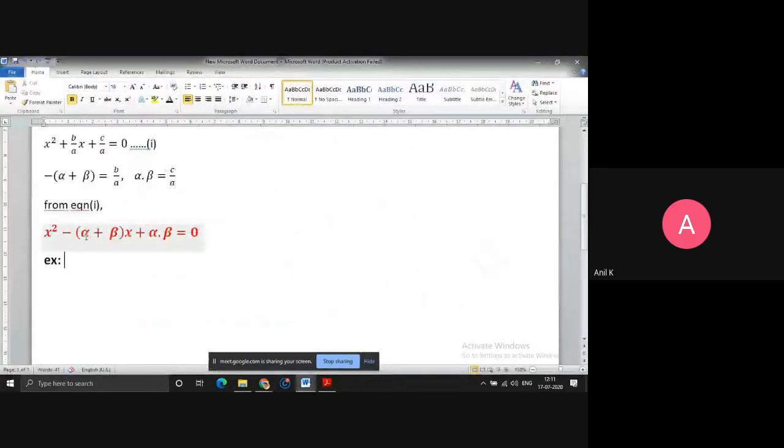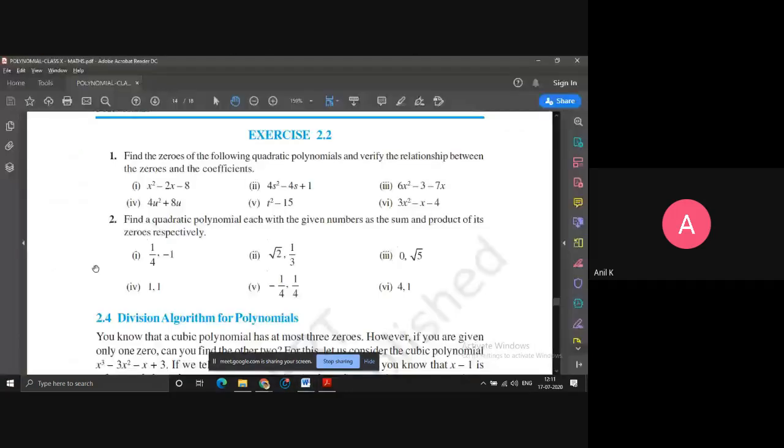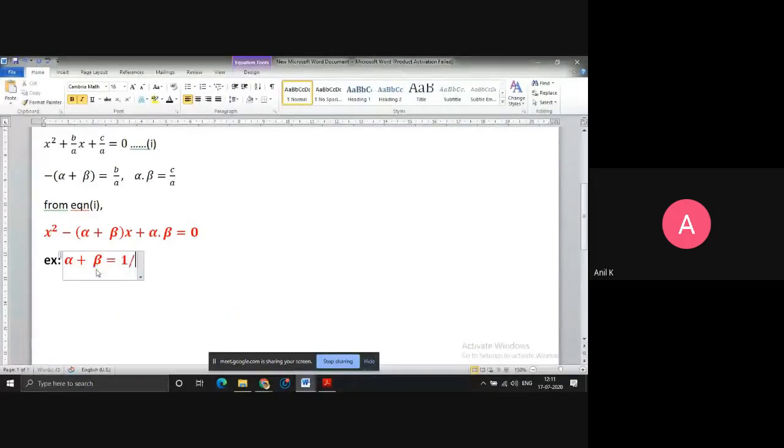So sum is 1 by 4 means alpha plus beta is given as plus 1 by 4, and alpha into beta, the product of the roots, is given as minus 1.